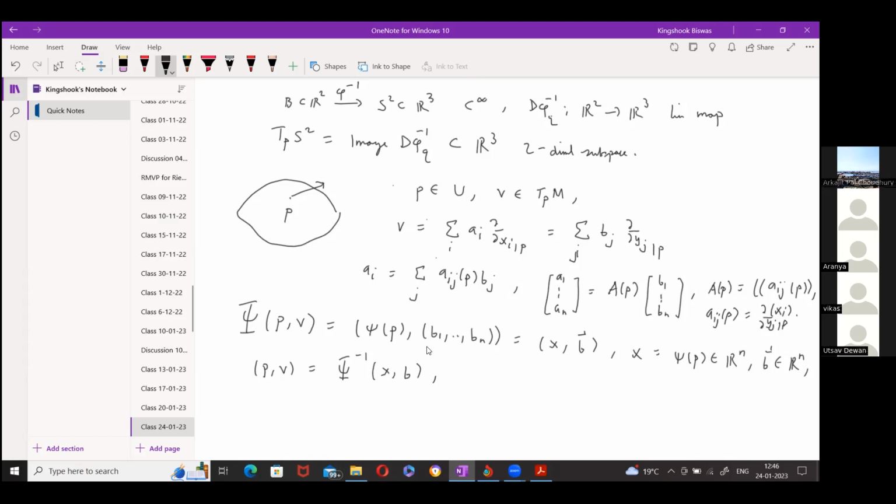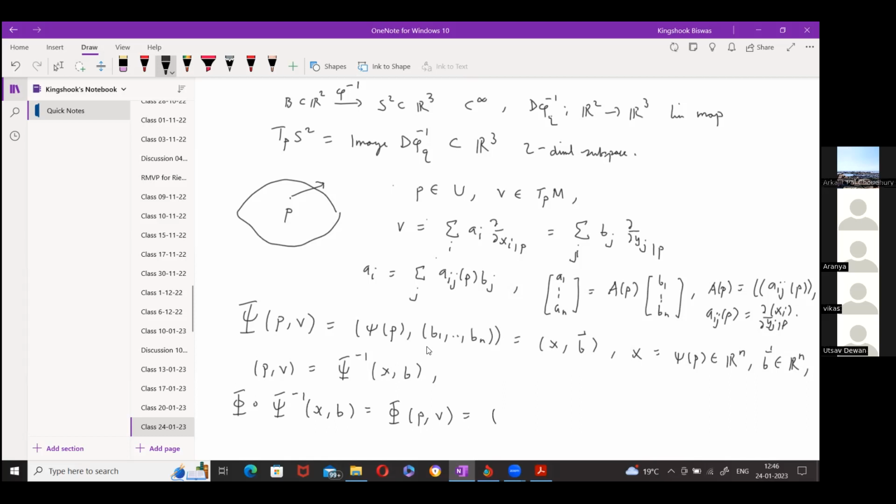If I apply phi to both sides, I get that phi of capital psi inverse of (x, b) is equal to phi of (p, v).